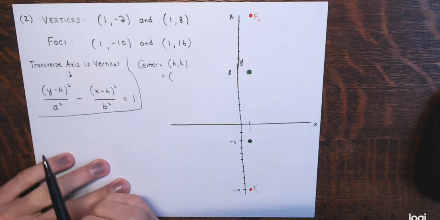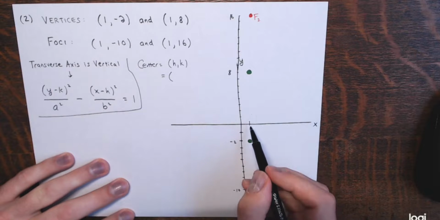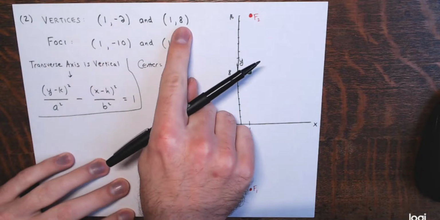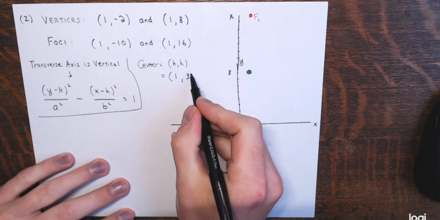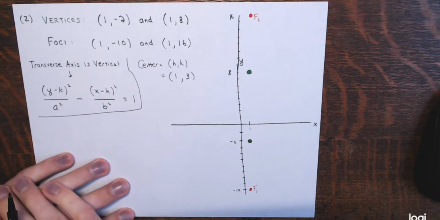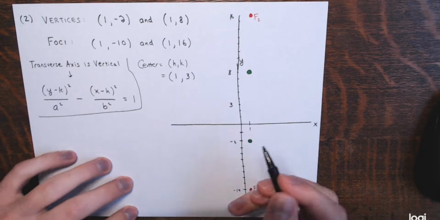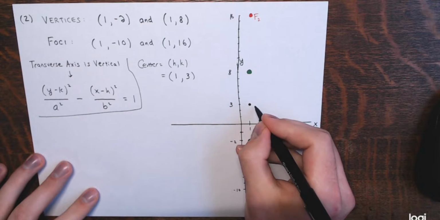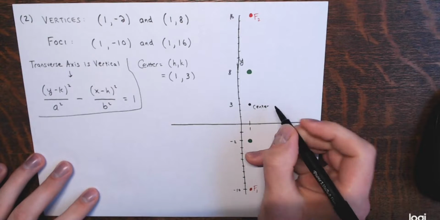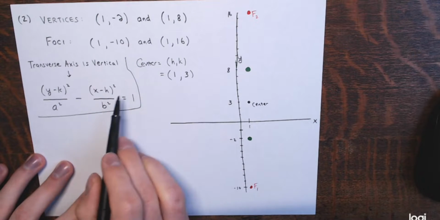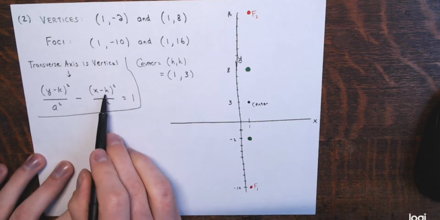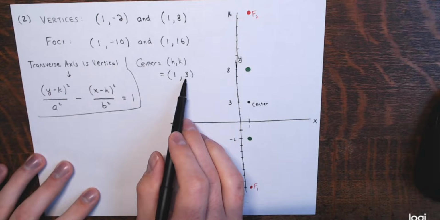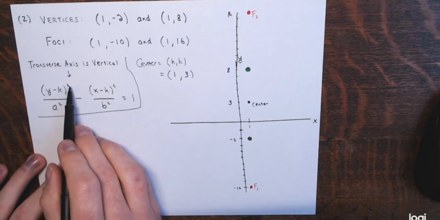So clearly the center is going to have an x value of 1, and then the average of -2 and 8 is 3. -2 plus 8 is 6, divided by 2 is 3. So 1, 3 is where the center is. There's the center. So h is 1, so we're going to have x minus 1 squared in this second term with a negative coefficient. And k is 3, so we'll have y minus 3 squared in the first term.